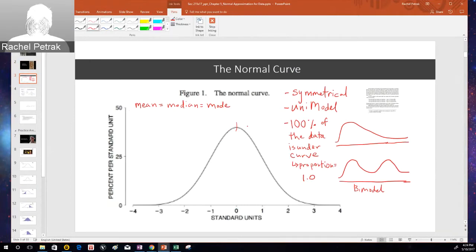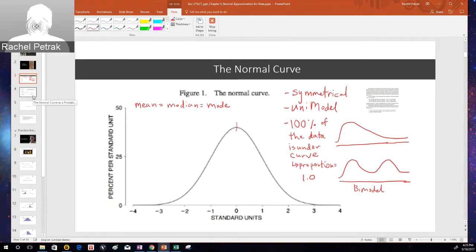As in, this is one whole variable. That's all of the data for one variable. We can divide this into proportions, and proportions are equivalent to percents. A percent is just a proportion times 100. It's very important to remember that 100% of the data is under there, because we're going to use that idea to divide up the distribution and to find different points.